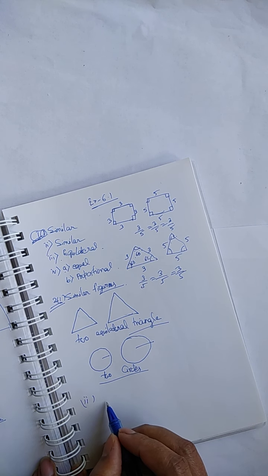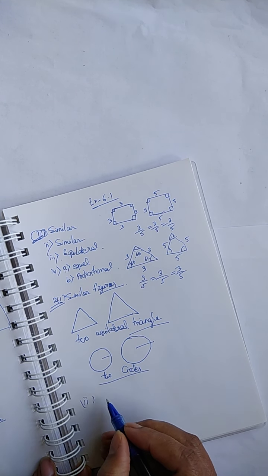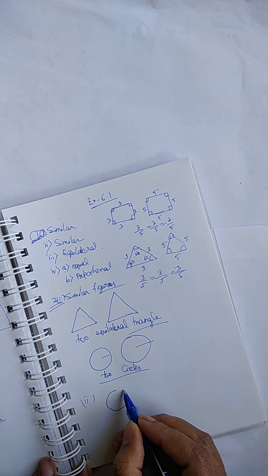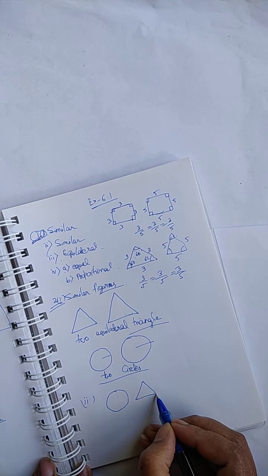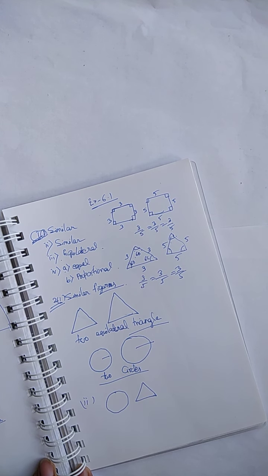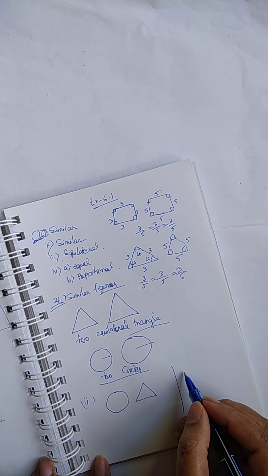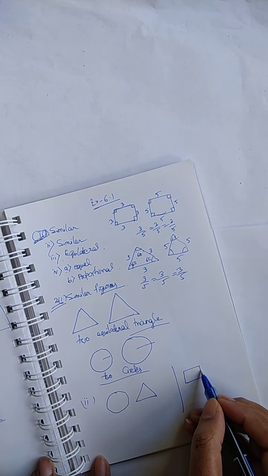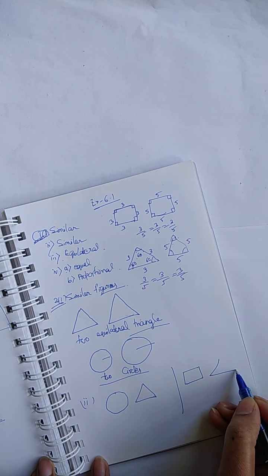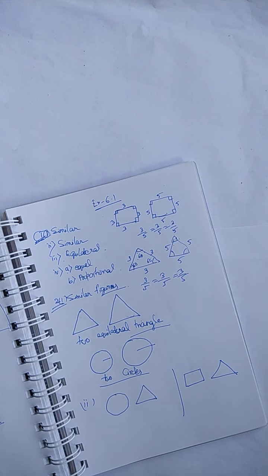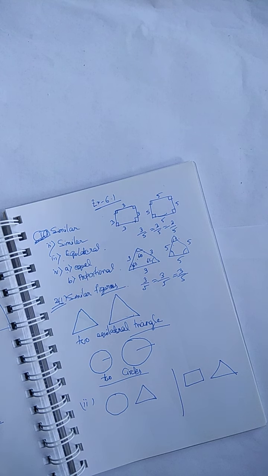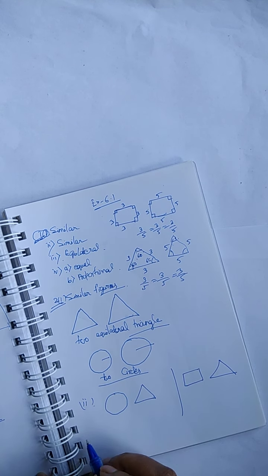So a non-similar pair we can make is one circle and one triangle. This is a non-similar pair. Another example is one square and maybe one triangle. Non-similar figures can be anything. So this is the answer of the second.